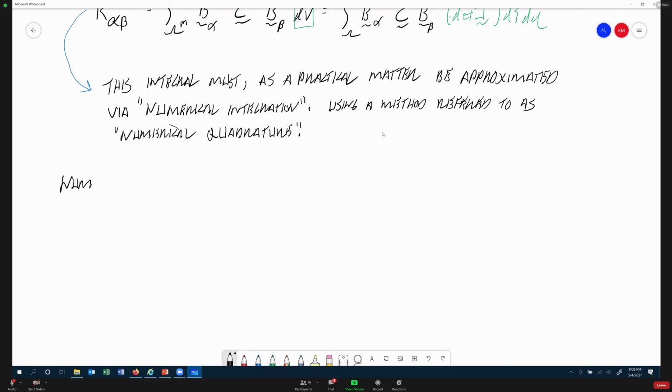So numerical integration in one dimension first.